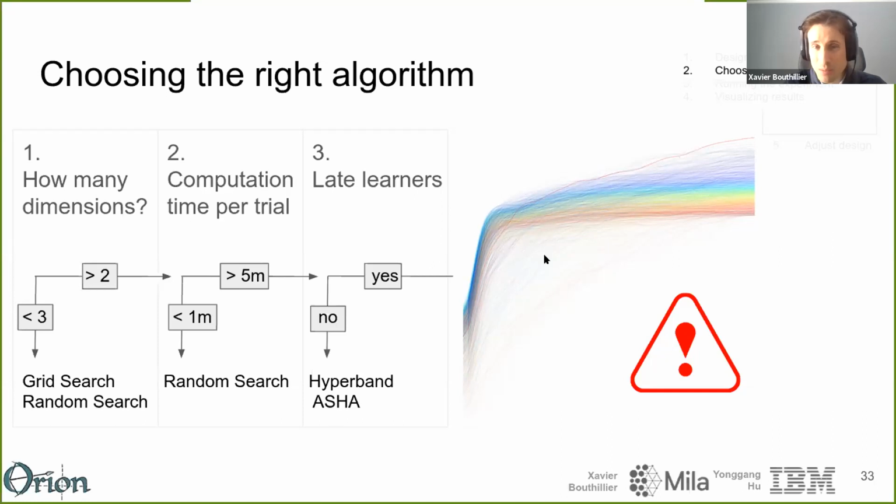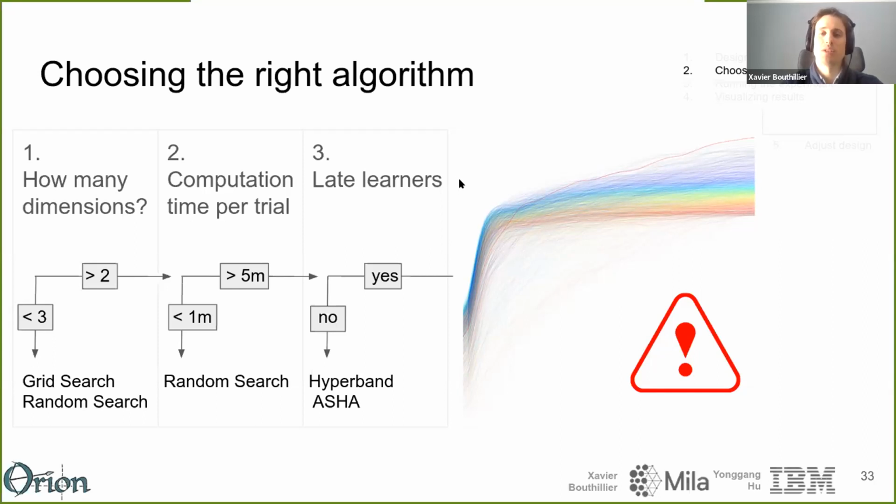What you can see, although it may be a bit difficult because the lines are too thin, is that a lot of good performing trials, the blue ones here, go through the bad ones and then become the best ones. And the red one here was too low to be trained with Hyperband. This is an example where we were trying to understand why in our experiments Hyperband was systematically being outperformed by random search.